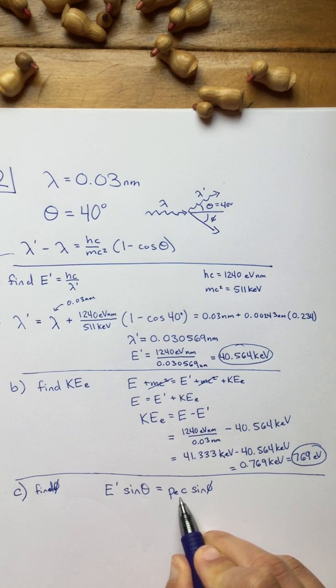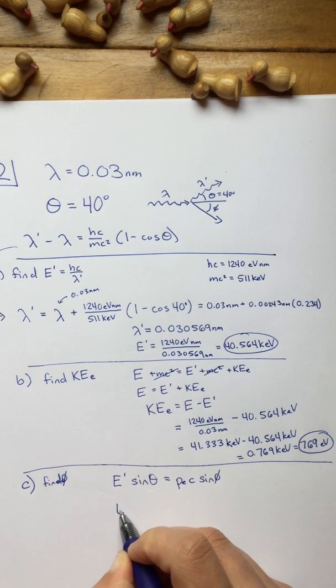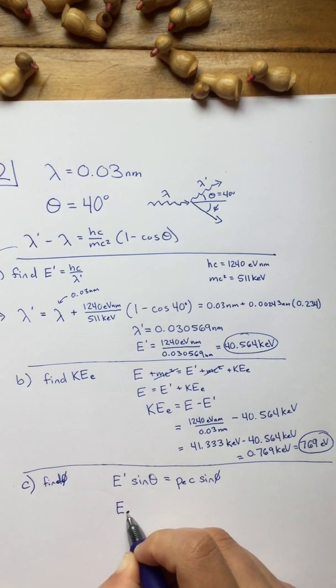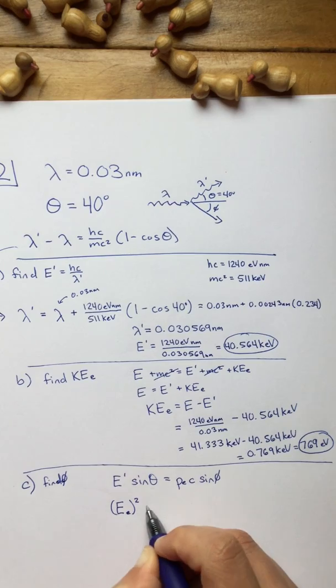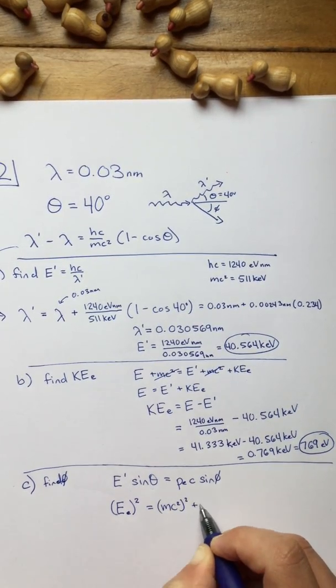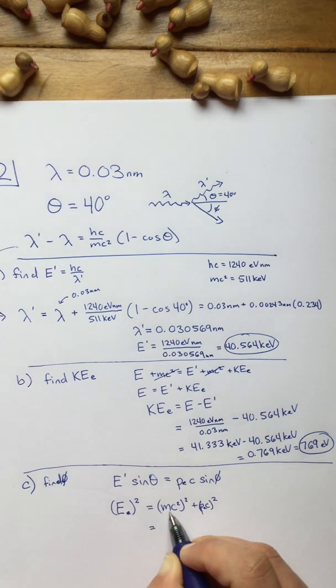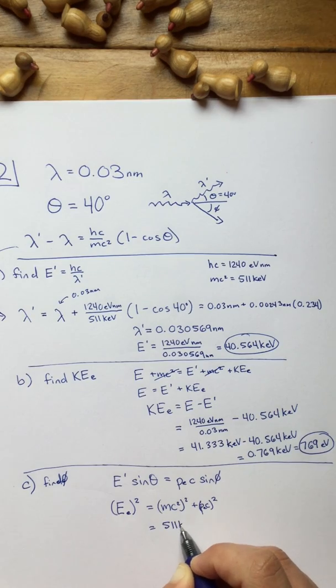But I can find the momentum of the electron by using E for the electron squared is equal to mc squared squared plus pc squared. And I have mc squared is 511 kilo electron volts.